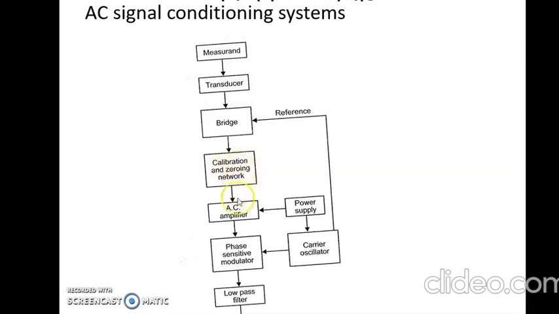That output voltage is amplified by means of the AC amplifier and it is further modulated or demodulated by means of the phase sensitive modulator, to which again a high frequency AC supply is given through the carrier oscillator, and then the signal is passed through the low pass filter where high frequency AC signals are filtered, then it is given to the output.